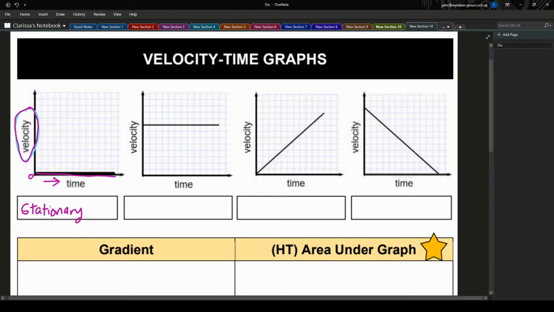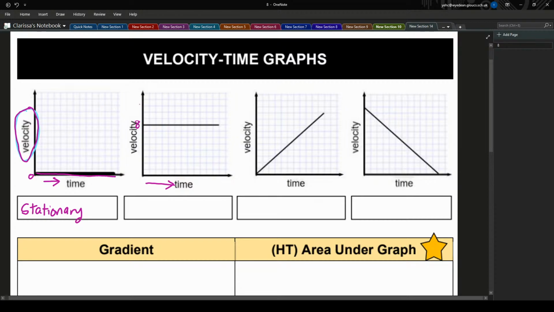Next, we still have a flat horizontal line, but it's at a particular number. Let's say this is 1, 2, 3, 4, 5, 6, 7, 8. So this is at 8. As time increases from left to right, the velocity is not changing, it's still at 8.